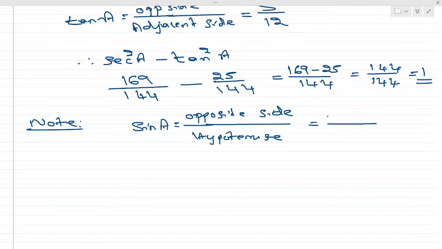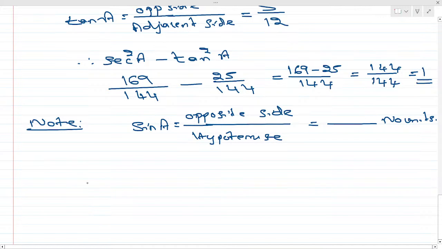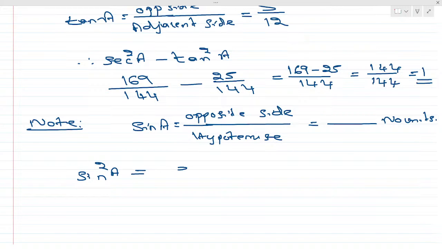Both being lengths, their units will cancel, and sine A is a function with no units. And one more thing, sine square A is nothing but sine A getting squared.